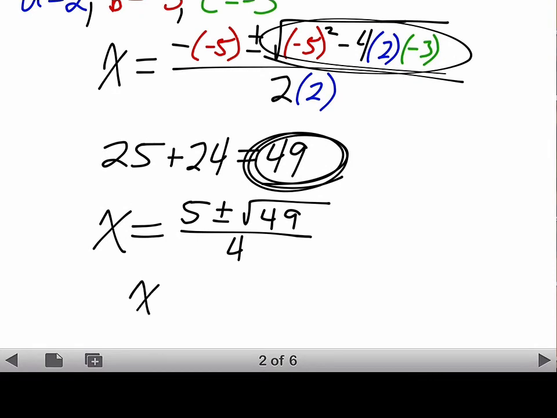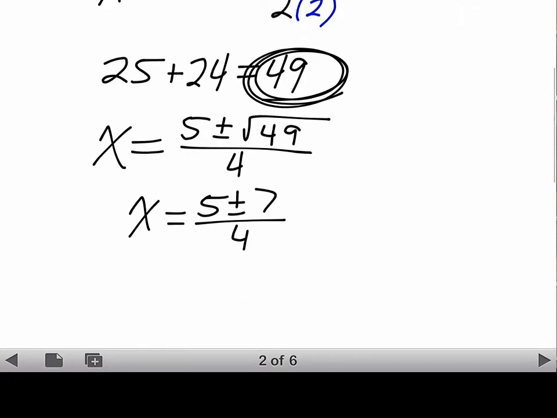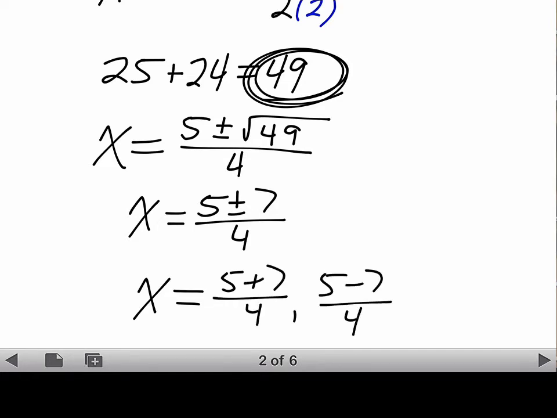Continuing to simplify, we get x equals 5 plus or minus 7 over 4. And this should be split up into two expressions because we can continue with these. And I'll show you the distinction in a few minutes when we can't continue. X is equal to now 5 plus 7 over 4 or 5 minus 7 over 4.